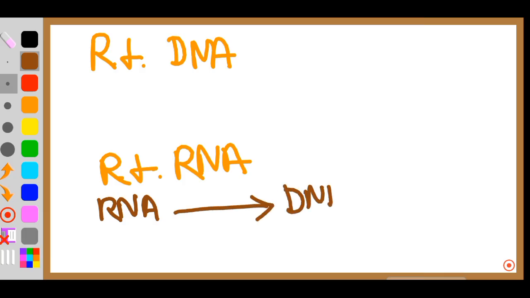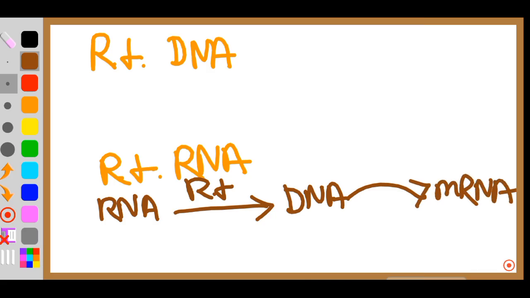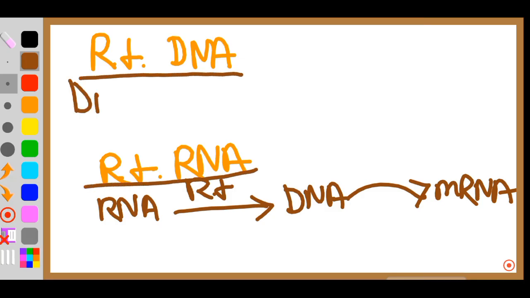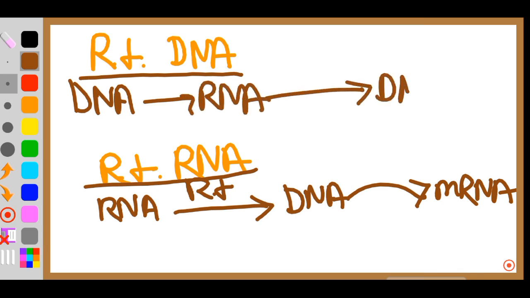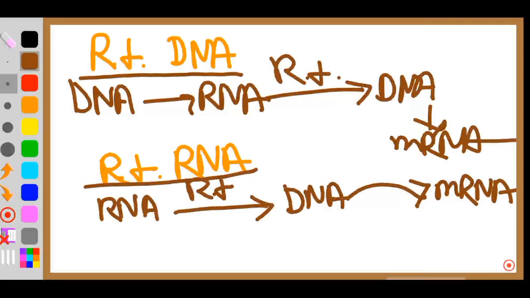So it will form DNA using the reverse transcription process and reverse transcriptase enzyme. Then that DNA will form the mRNA. Done. And what about reverse transcription able DNA viruses? So it has DNA. That DNA will form RNA. That RNA will form DNA again by reverse transcription, and that DNA will produce the mRNA.